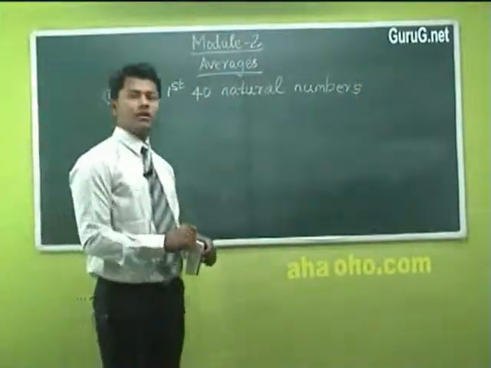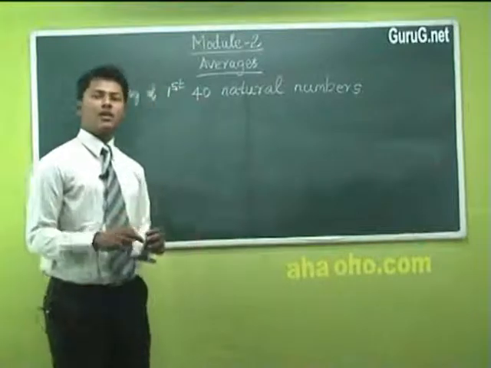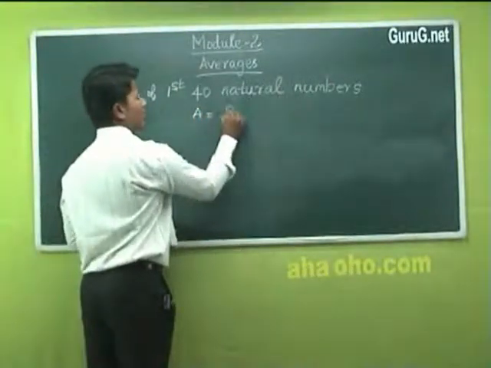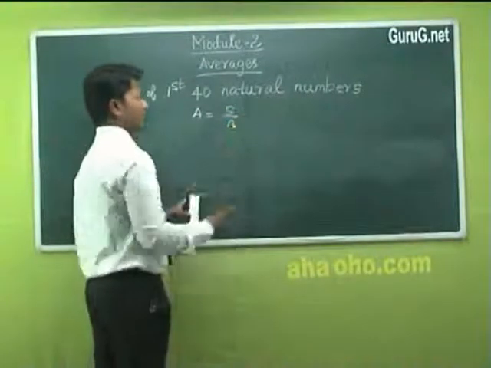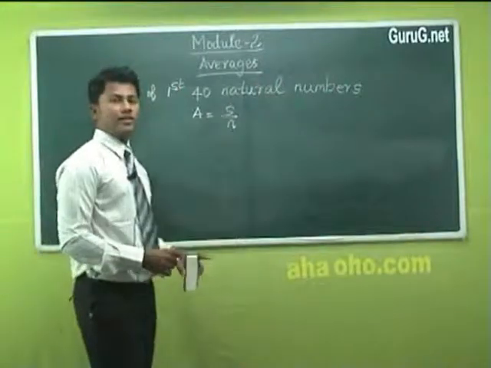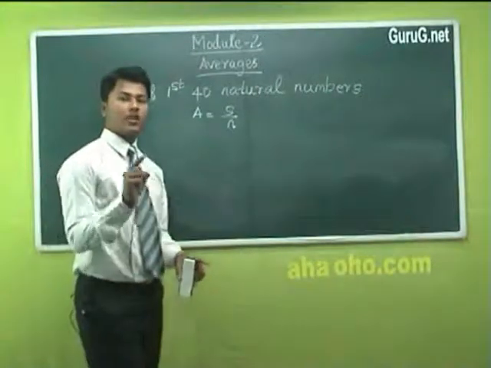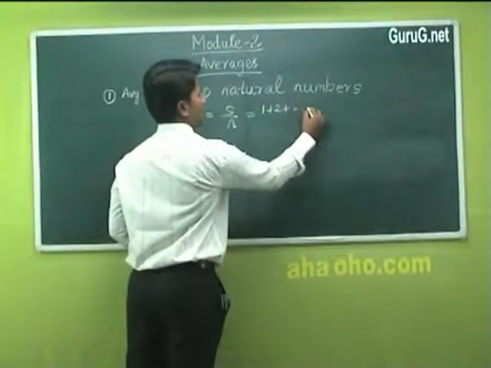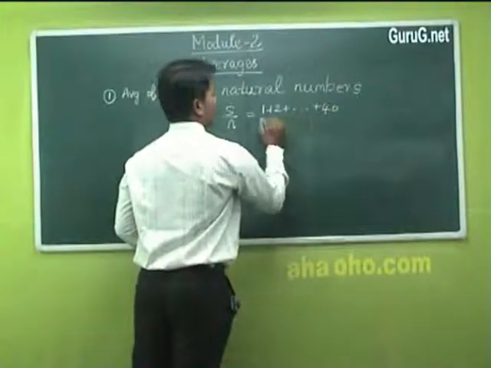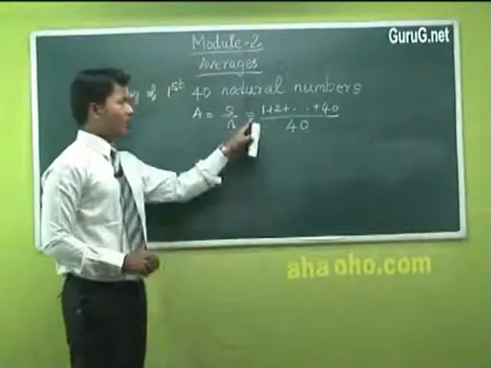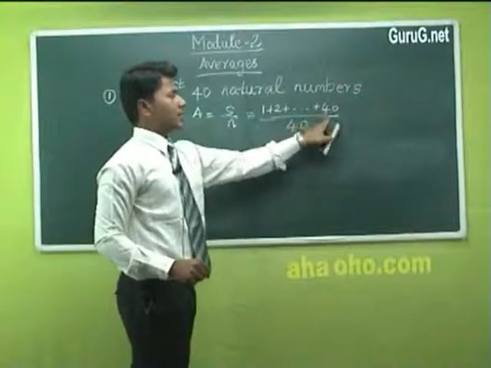So we have learnt a formula in our basic arithmetics. The formula is: average is equal to the sum of all the numbers by the total number of elements. What is the sum of all the elements? We are considering the first 40 natural numbers, so 1 plus 2 plus up till 40. The total number of elements is also 40. How to find 1 plus 2 plus till 40?